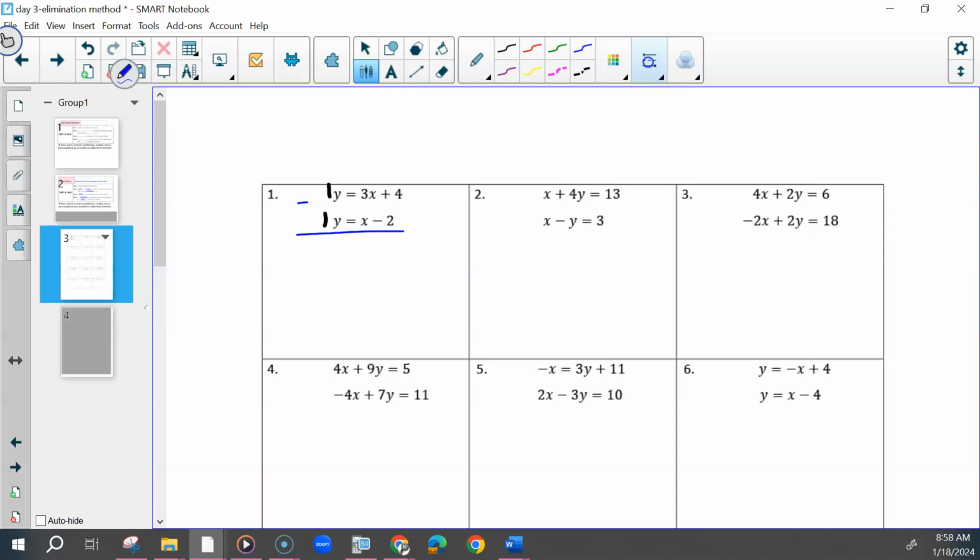Y minus y would give us 0. 3x minus x would give us 2x. Now here, be careful with your negatives. 4 minus a negative 2, that would become a plus, a positive 6. From there, we would solve for x by doing what?